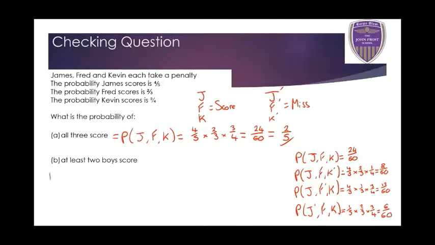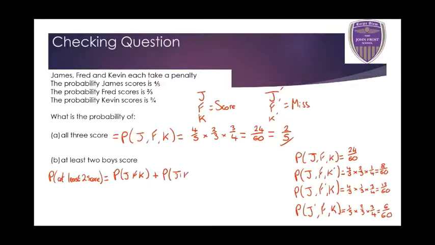So the probability of at least 2 boys scoring. Now that we've found the individual probabilities, we're going to add all these probabilities up, okay?